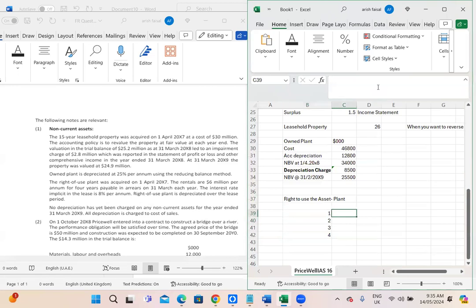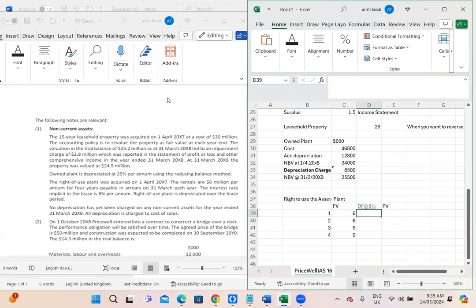So every year you have to pay 6 million, 6 million, 6 million, and 6 million, right? So that's your future value. Then you can take the discount rate, which is going to be 8%. Okay, and if you multiply with it, you will get the present value. And once we total it out, we get the initial value at which you have to record your lease liability.